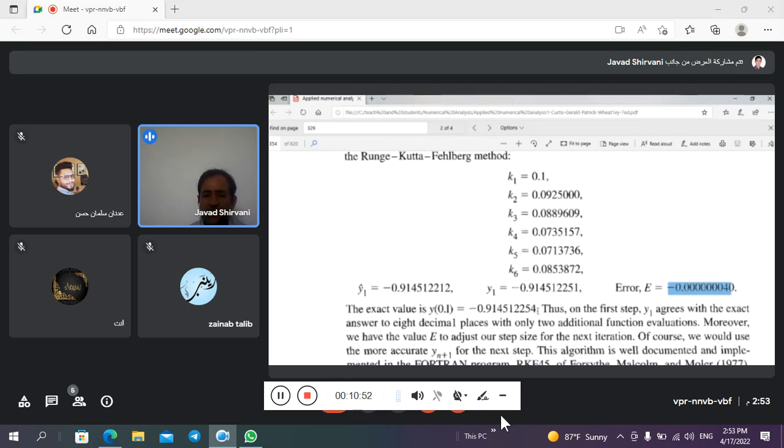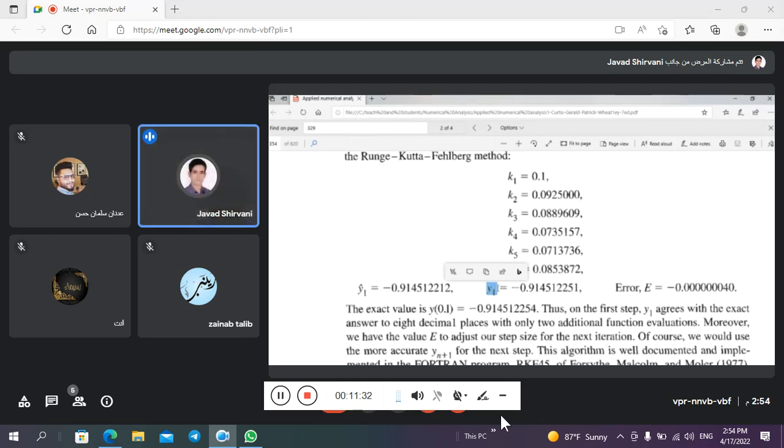When you compare that with this y hat 1, you can see we have less error. We have much more error when we compare that with the value of y1. The reason for the improvement of y1 compared to y hat 1 is that we have used an additional k6 in this formula.